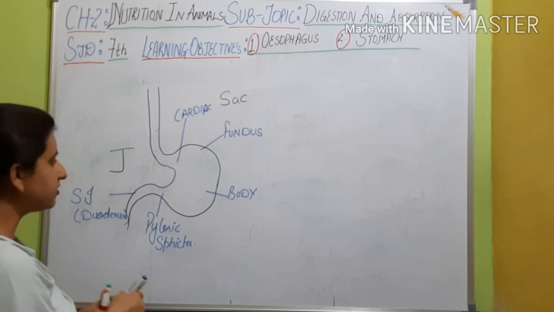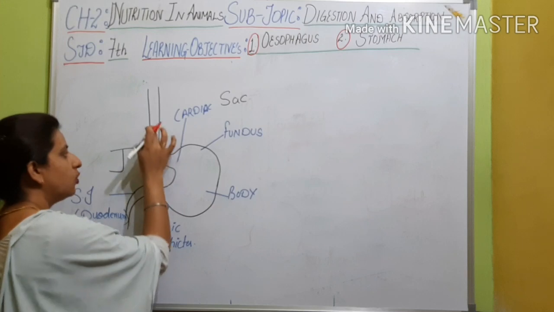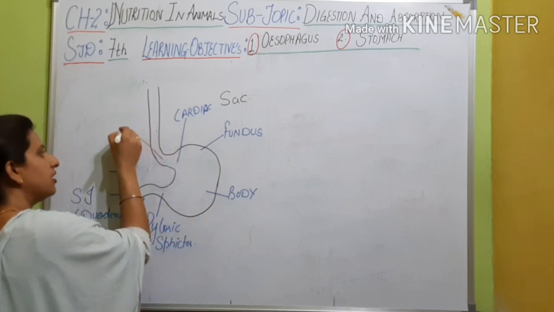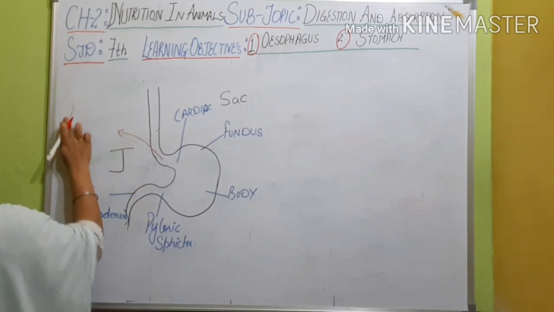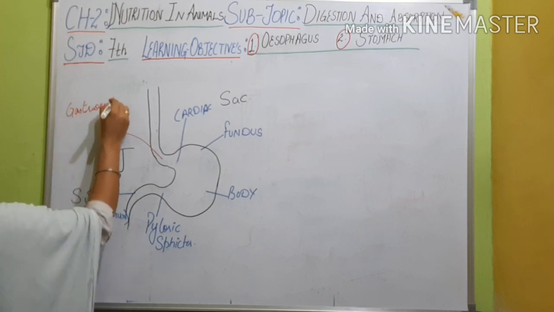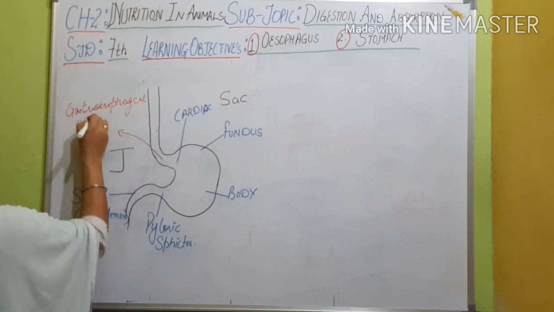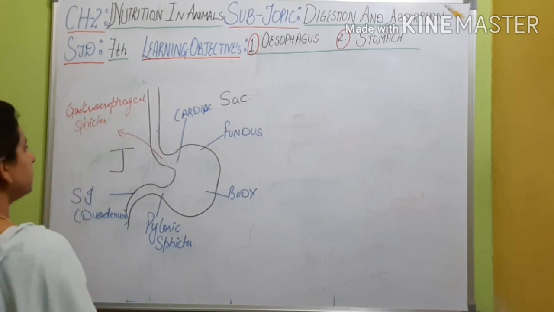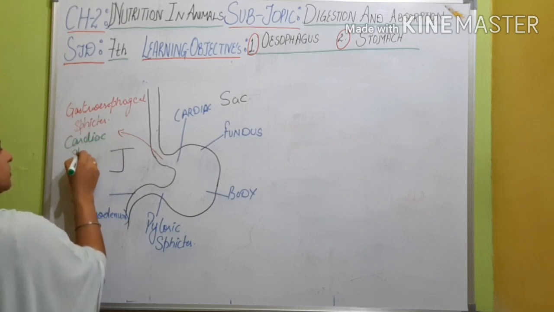And we already discussed in the esophagus that the point where the esophagus is ending and the stomach is starting also has a sphincter, and that is called the gastro-oesophageal sphincter, or we can say the cardiac sphincter.